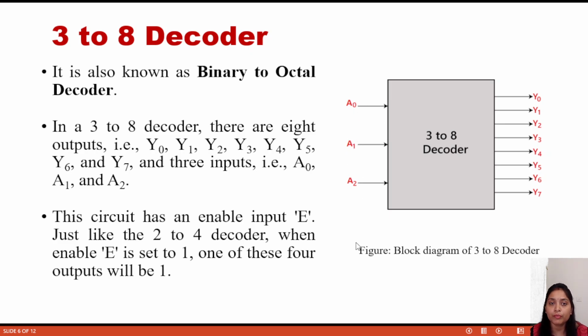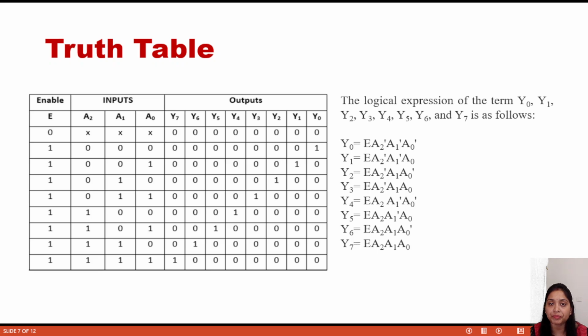Okay, so let's start. This is the truth table. I have already shown that when enable is 0, no input combination will work. It is marked with a cross, so we will not get any output anywhere.